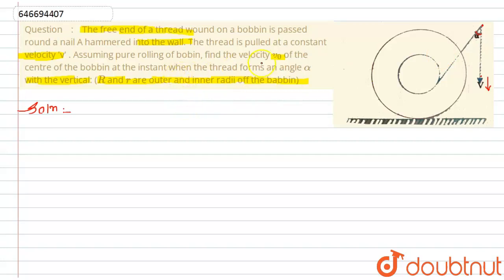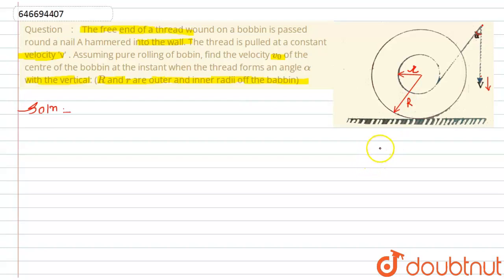We have to find the velocity v0 of the center of the body at the instant when the thread forms an angle of alpha with the vertical, while we have the inner radius of the bobbin as small r and the outer radius as capital R.